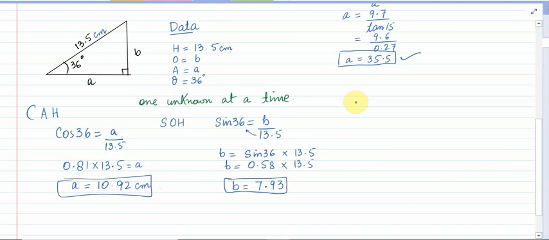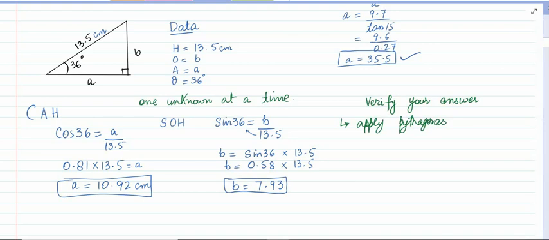Now one more technique to verify your answer. And this technique is what? Once you got the values of all three sides, apply Pythagoras. Right? So I am going to apply Pythagoras.